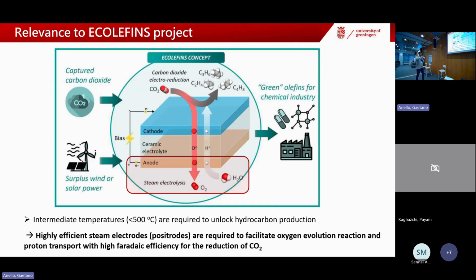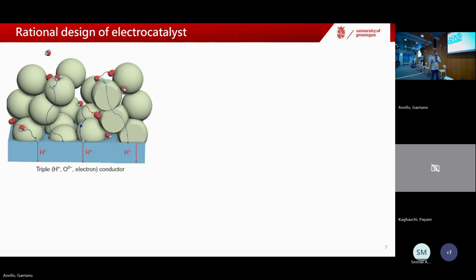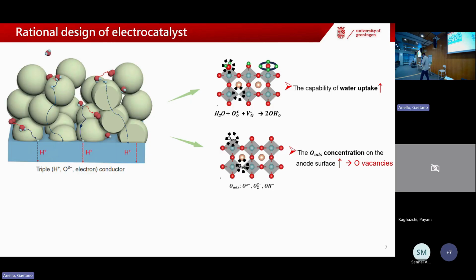So what we want for our material is practically a property that we call triple ionic electronic conductor. Why do we want that? I will not go into detail on the mechanism because it's still under debate, but the major steps involve water uptake and oxygen vacancy formation, and if our material has these properties, then it can be quite efficient.